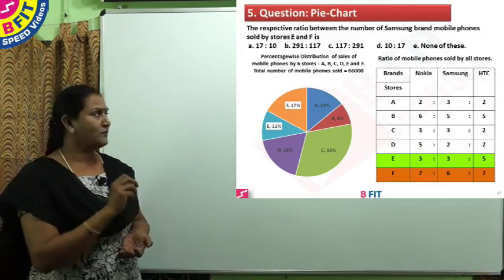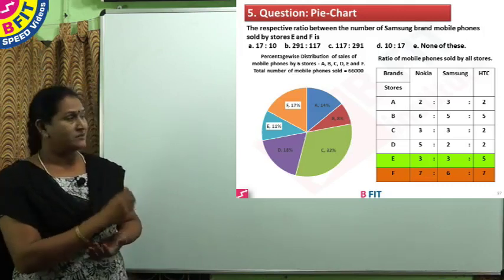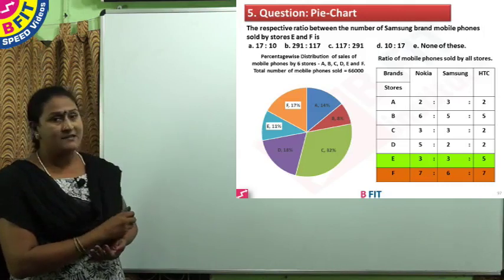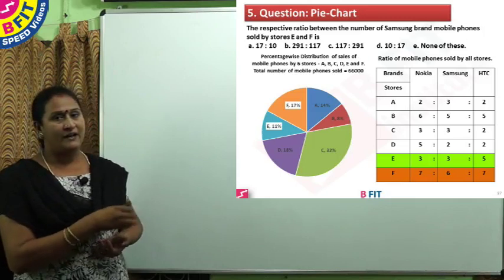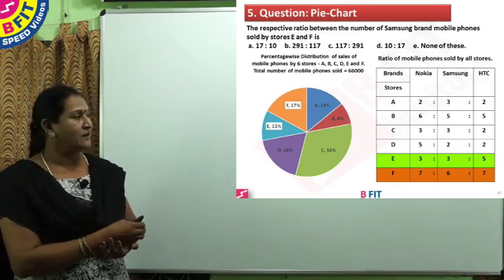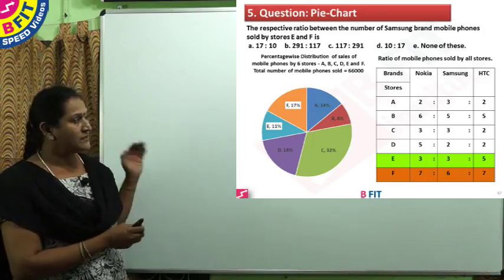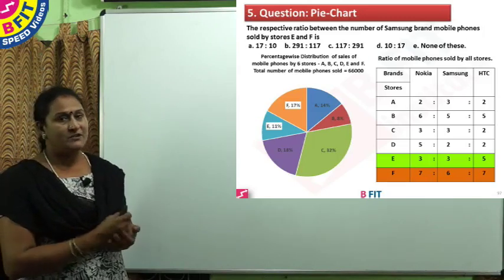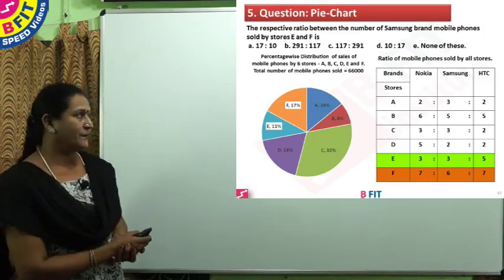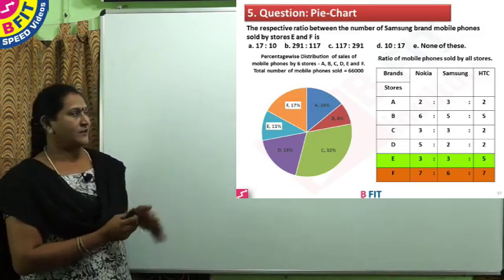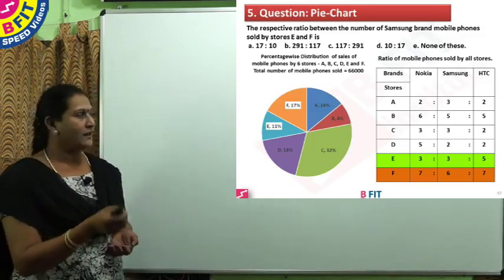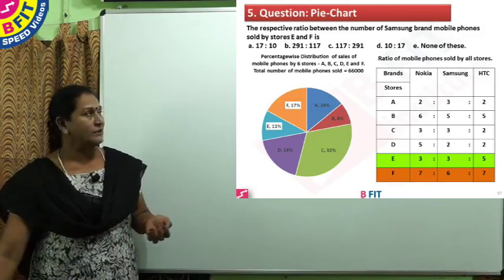And here the total number of phones is the same, that is 66,000. E sells 11% and F sells 17%. Now instead of finding 11% and 17% and then working out, we will place everything in a single stretch, which makes our work easier. So as ratio is asked, just place the details of E and F in the first and second part. So we'll do the working.